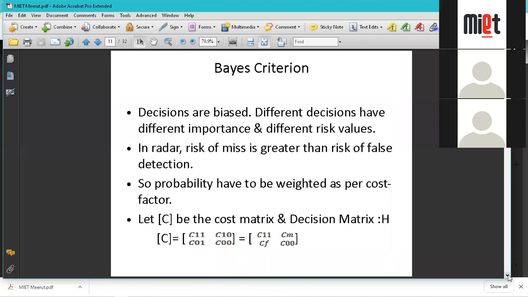So that will be a big loss to the country. So it means your method has to be risk-free. So how do you minimize the risk?